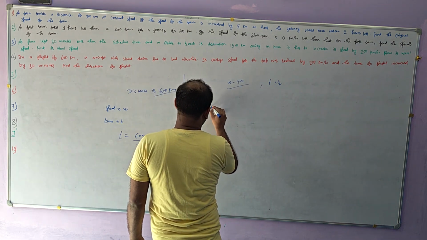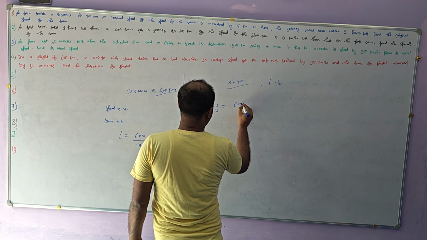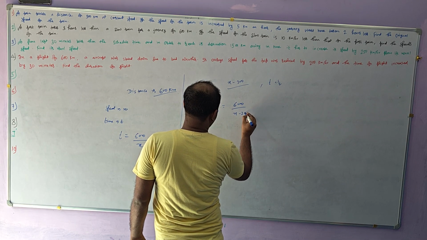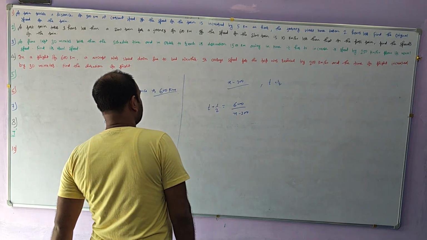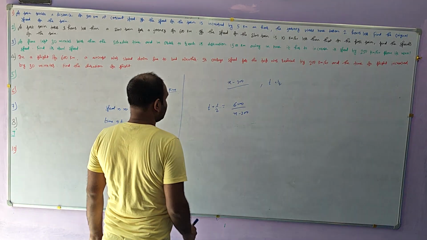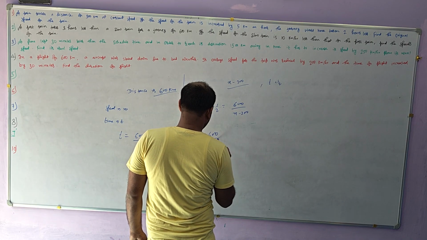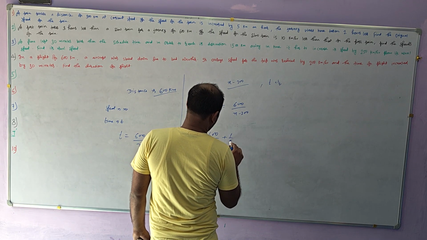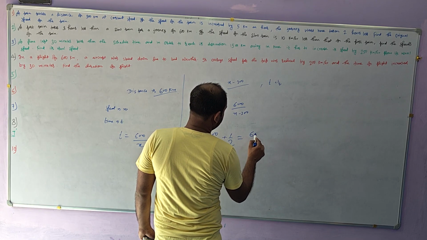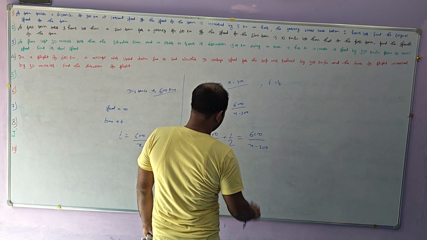So we can say that t plus half is equal to 600 upon x minus 200. Putting t equal to 600 upon x, we get 600 upon x plus half is equal to 600 upon x minus 200.